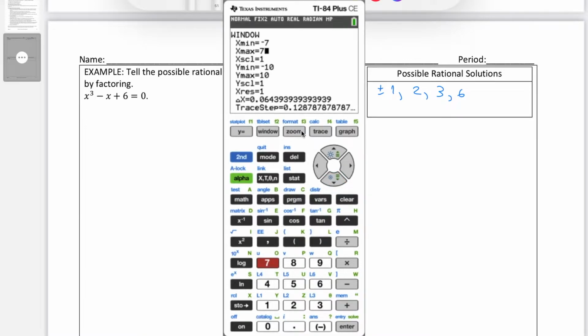Now, leave your scales at 1. That puts the tick marks on your x-axis. And then the next thing I want to do, you don't have to do this, I like to change my y min, y max to a negative 30 and a positive 30. And I like to zero the scale on the y's. And we'll talk about that more in class, but it's just a good practice and you'll get used to it.